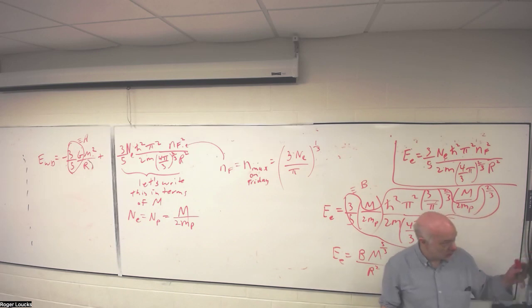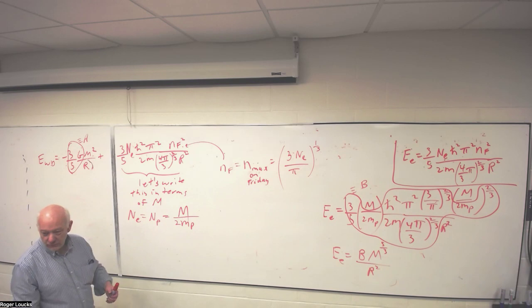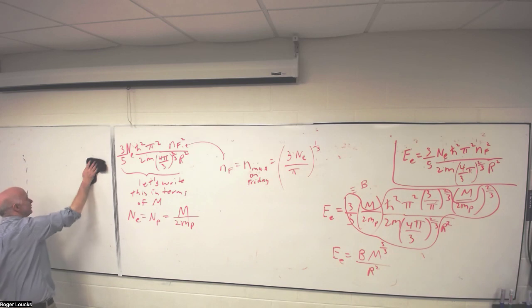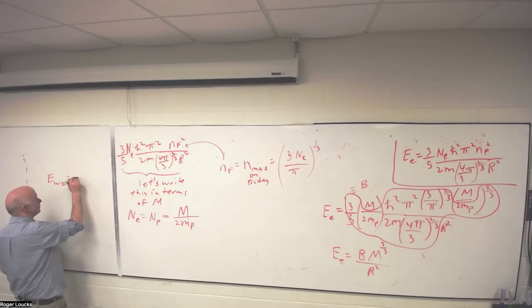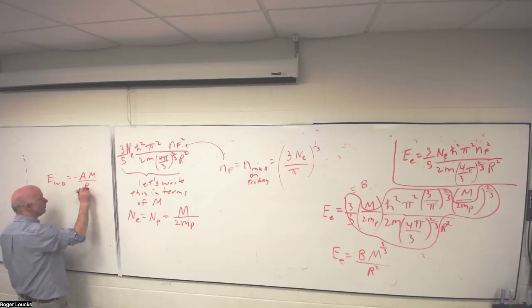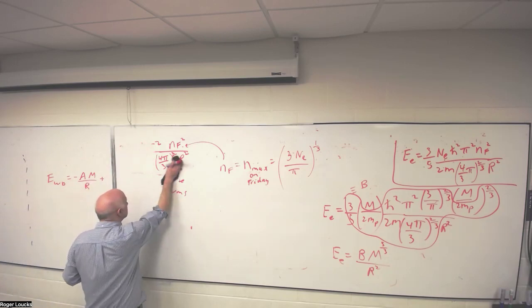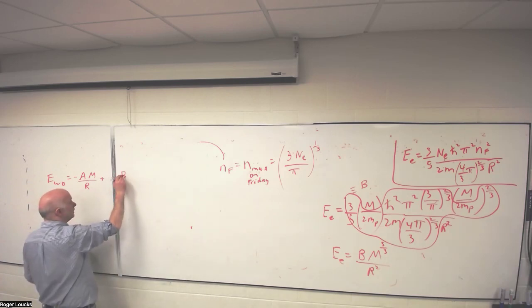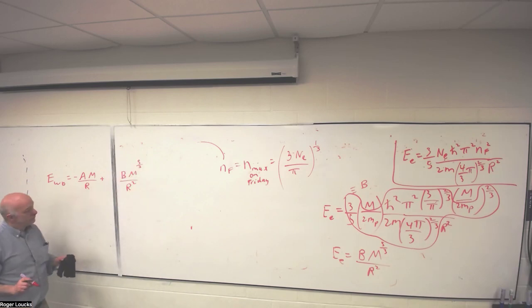Now we have a nice expression, and I want to draw this out. You're going to say, wow, didn't we have this in class? So the energy of the white dwarf is going to be minus A M squared over R plus B M to the 5/3 over R squared.